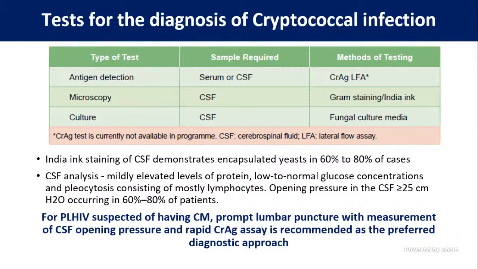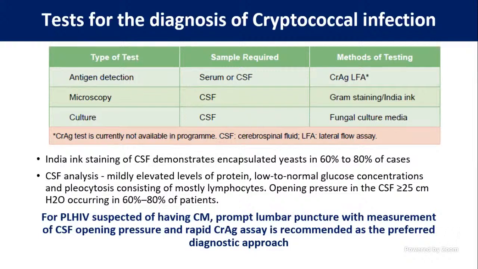By microscopy, you can identify the organism, which is the yeast. You can look at the budding yeast forms. And classically, you do it in what is called the India ink preparation or India ink staining. You can also use a Gram stain. The common Gram stain can also be used. However, there is a problem with the India ink preparation in that, again, it is not very easily available across the country.